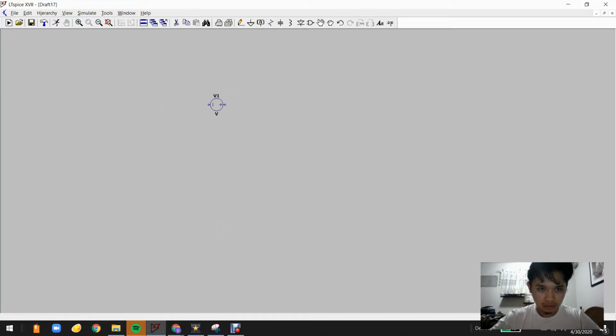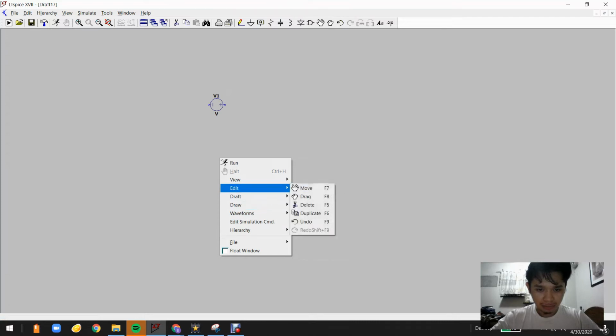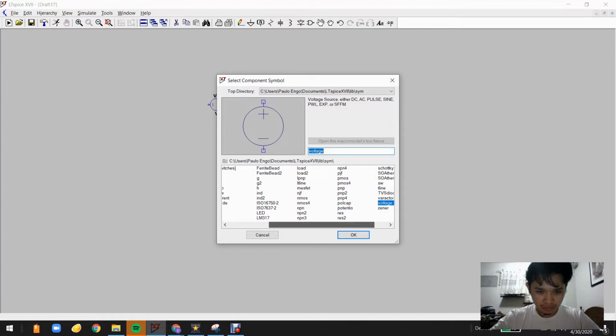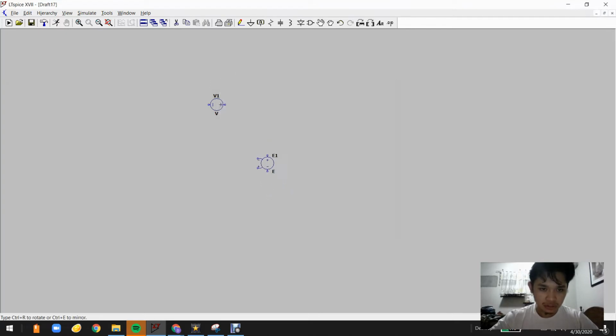Then have our voltage dependent voltage source, which we're gonna connect parallel to our voltage source.